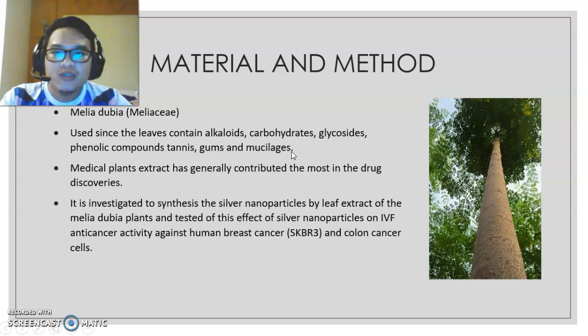The sample material is from Melia dubia, a type of plant from the Meliaceae family. It is used since the leaves of this plant contain alkaloids, carbohydrates, glycosides, phenolic compounds, tannins, gums, and mucilages.